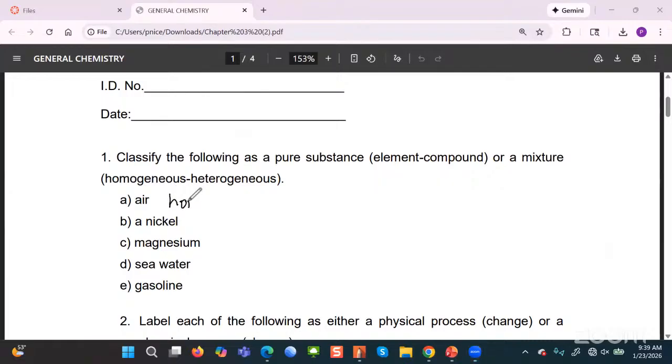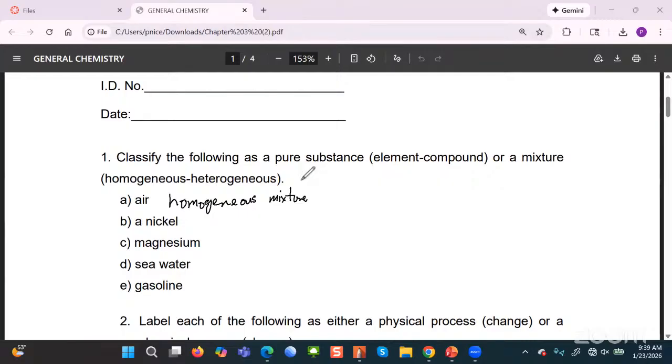Just to remind you, a homogeneous mixture is a uniform mixture, uniform throughout. Air is a good example of that. In fact, all gaseous mixtures, if you mix any two or more gases, the result will be a homogeneous mixture. Okay, what about B, a nickel?